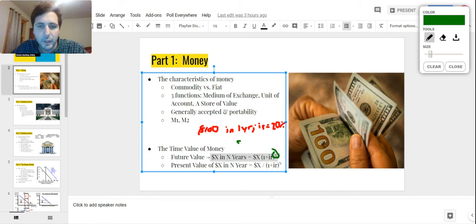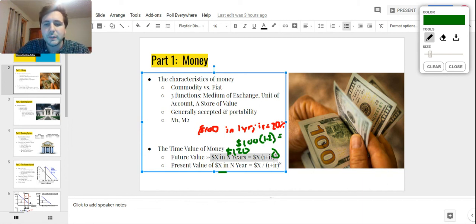So it's going to be $100 times 1.2, because that's 1 plus the interest rate of 0.2, or 20% in decimal form. I plug that into my calculator, or I memorize it, and I know that's going to give $120. Notice I didn't have to put it to the first power, because when something is taken to the first power, it's the same as if it wasn't multiplied by anything. You multiply it by 1, it's still the same number. So that's future value, a pretty simple equation.